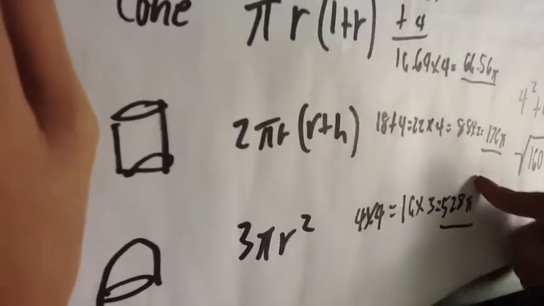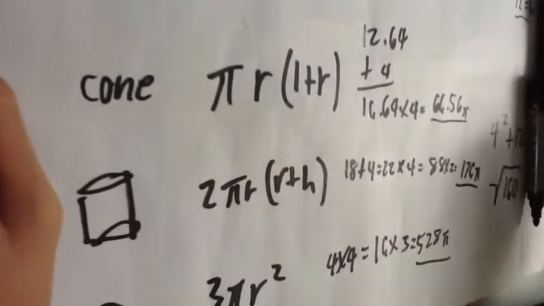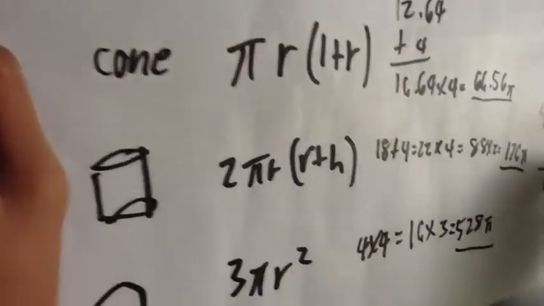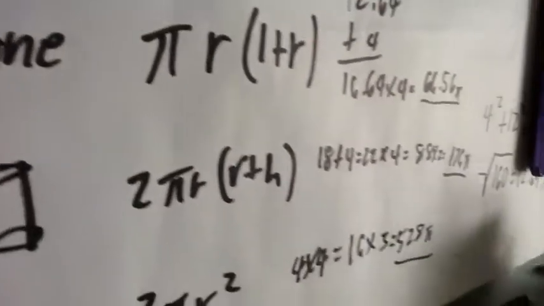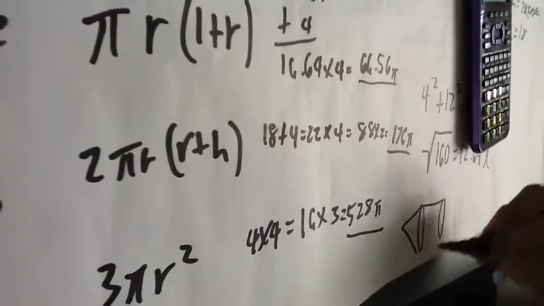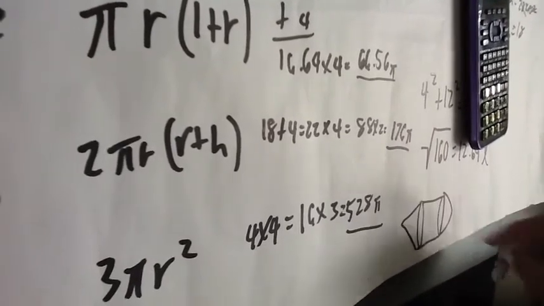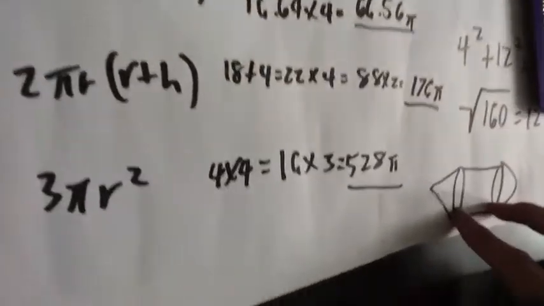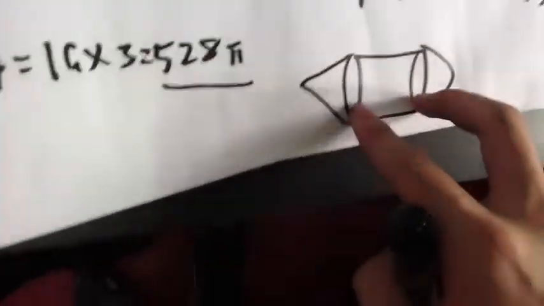So all we have to do now is add this up in total. No, wait, actually no, we shouldn't. Because the whole object is combined, we should not add up the bases of the surface area.